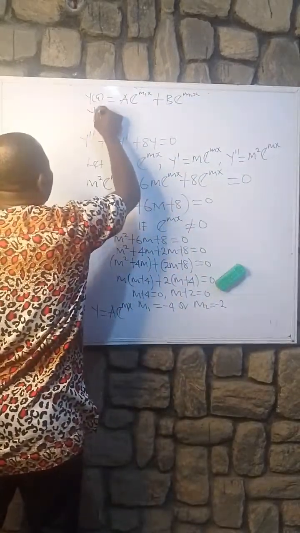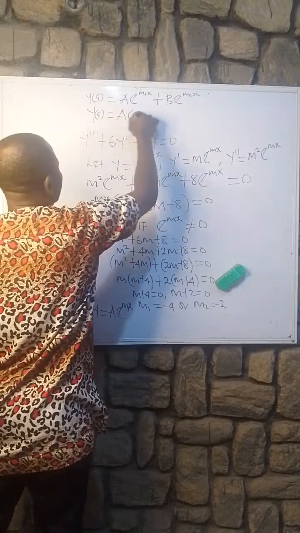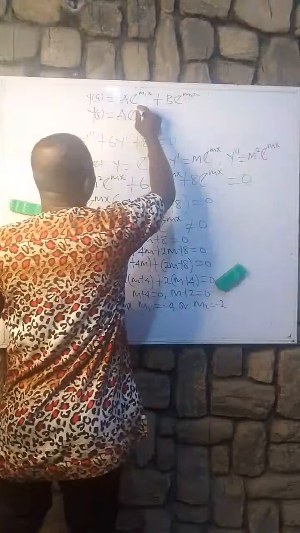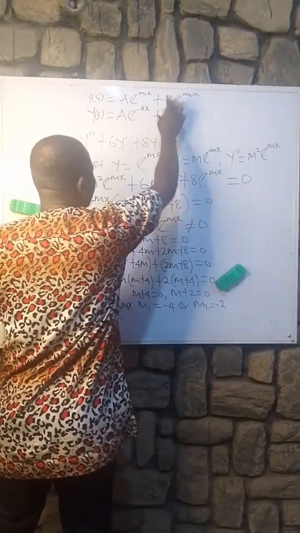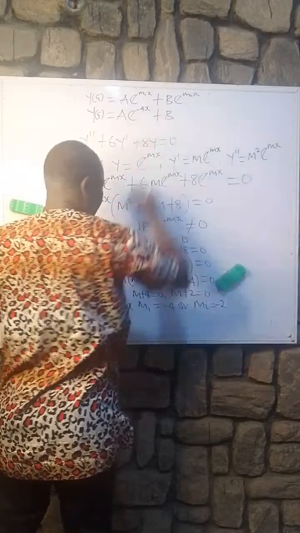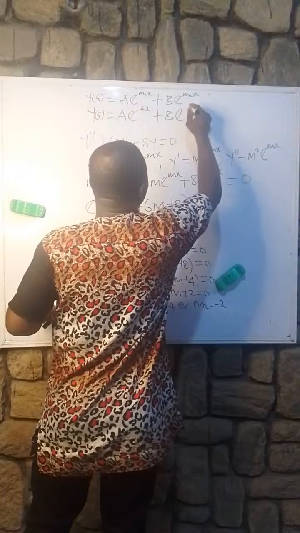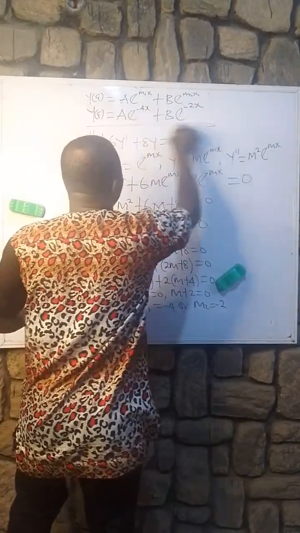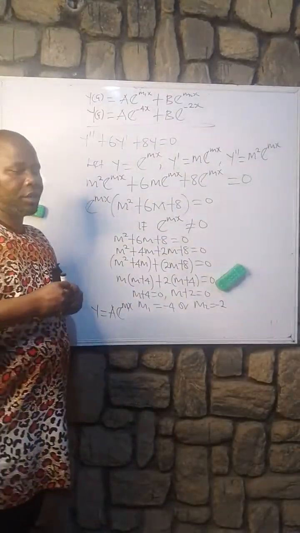So our y general is equal to a exponential minus 4x, since m1 is minus 4, plus b exponential minus 2x, since m2 is minus 2. So this is how you are going to obtain the solution of this type of differential equation.